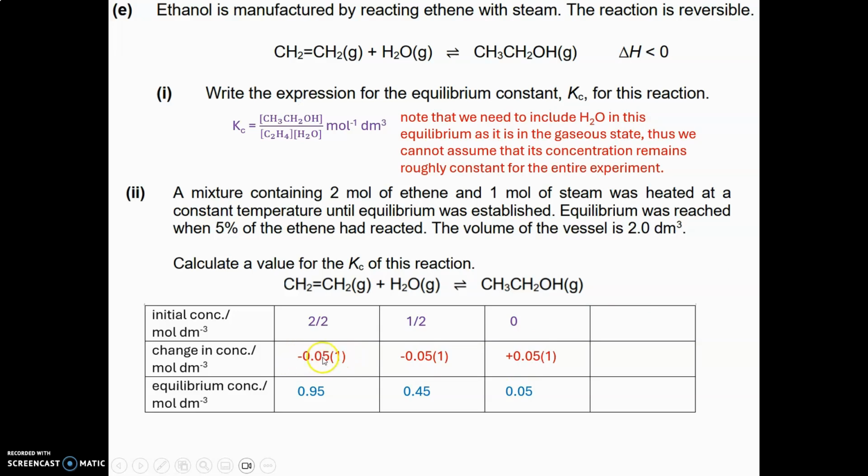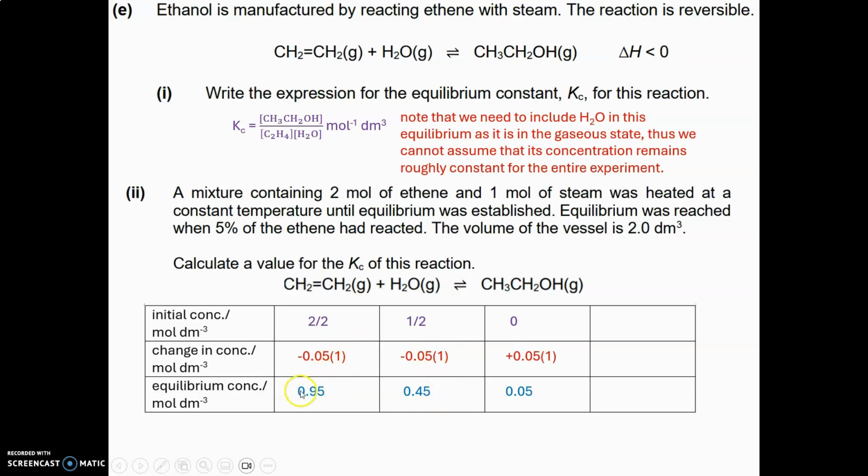the change of concentration of ethene is minus 0.05 times 1, because 5% of the ethene had reacted. So this represents that 5% of the ethene had reacted. The concentration of ethene had decreased by 5%. So the change in concentration of ethene is minus 0.05, and that will be the same change in concentration for steam.